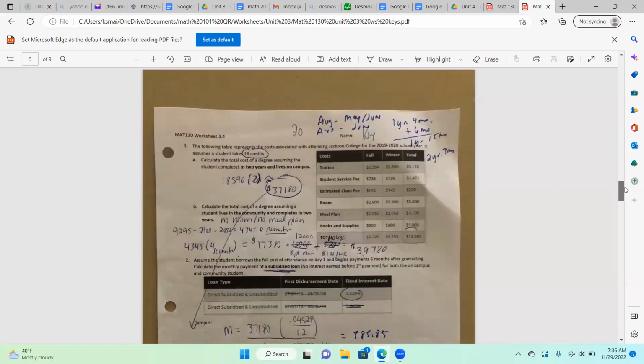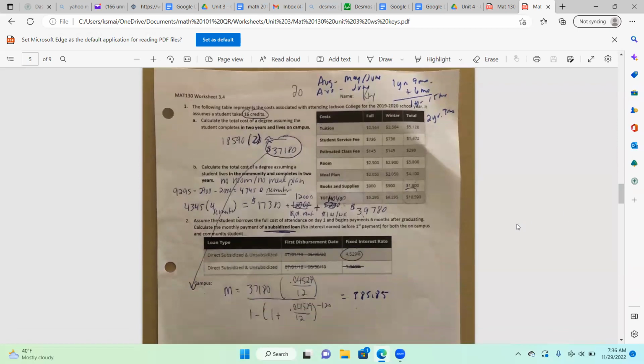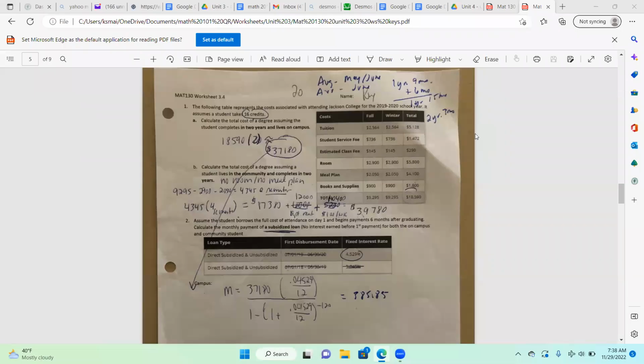The next worksheet is for 3.4, and this is over the student loans. So let's read through these for a moment. So this student is taking 16 credits, and we have tuition, student service fee, estimated class fee, room, meal plan, books and supplies.